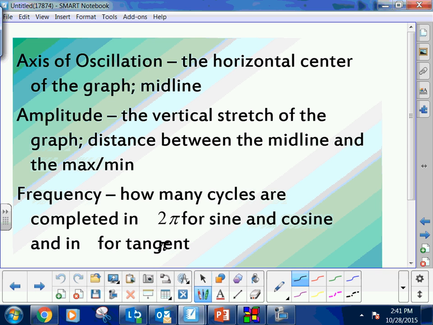And for tangent, it should be pi. So we have the benefit of at least taking these transformations and translations that are similar to what we're doing, just with different names.